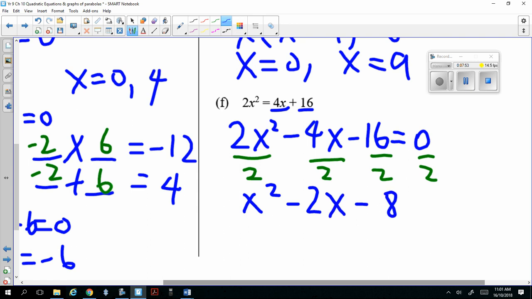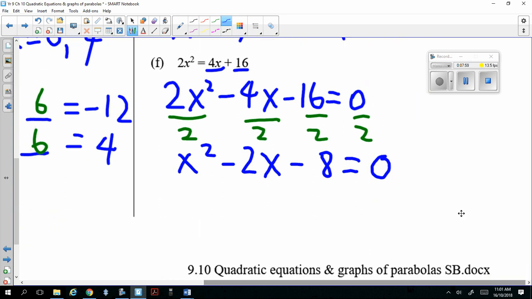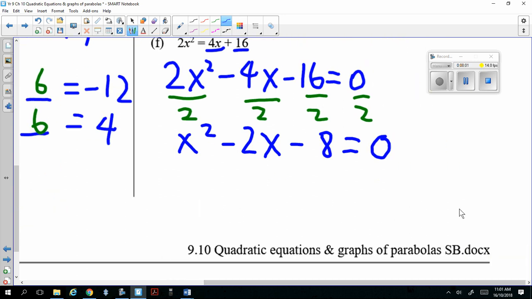Okay, I'm going to ask another student for the next step. Ruby, how do I factorize this? All right, well, I'm going to ask Fabiana. So what do I do? Find which two numbers multiply to get what number? Yeah, but 4 and 2.